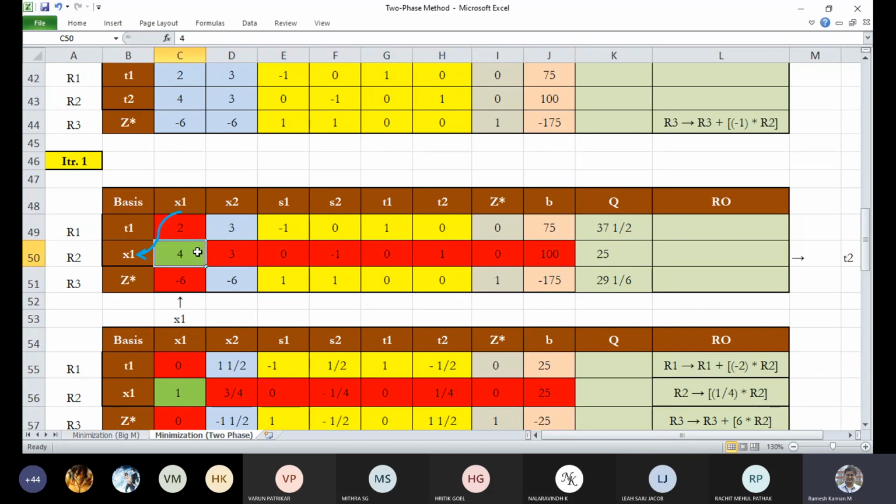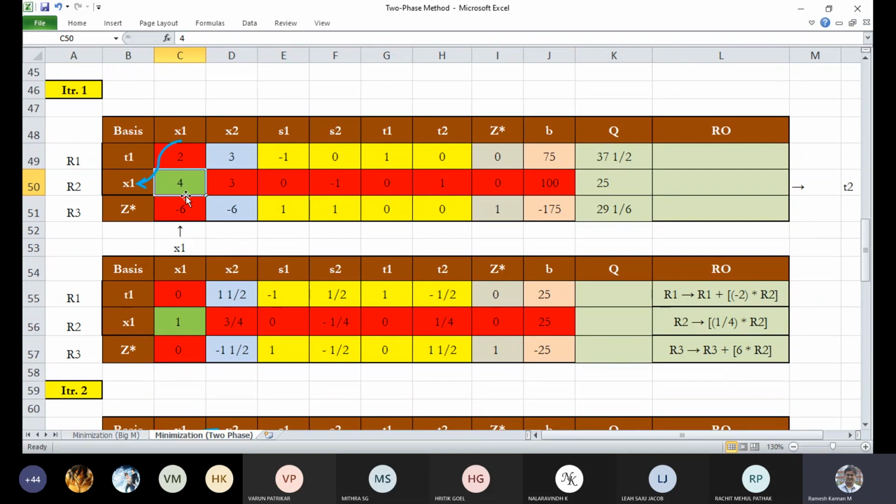The intersection cell of the key column and key row is the pivot, which in this case is 4. To convert that into 1, we divide the entire row by 4. The next step is to make the other elements in the key column, other than the pivot element, become 0. How do we make this 2 become zero?